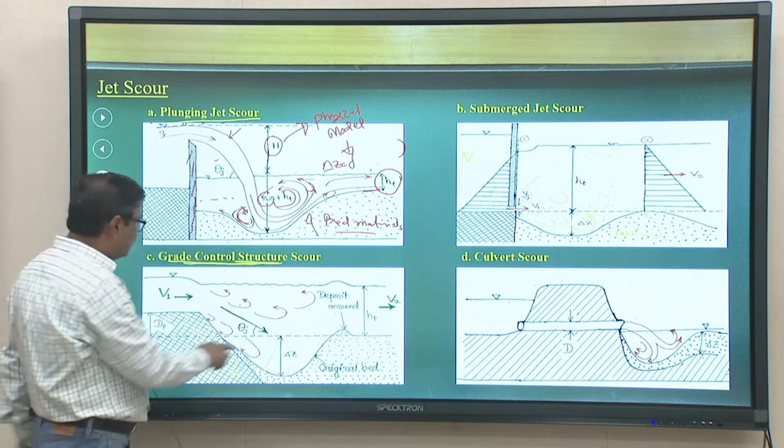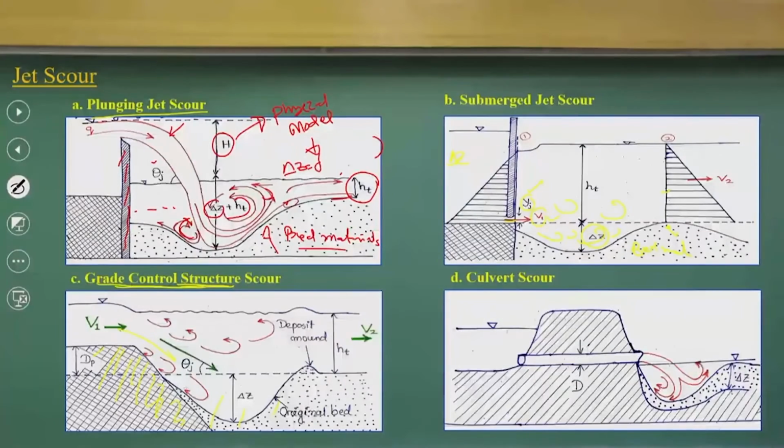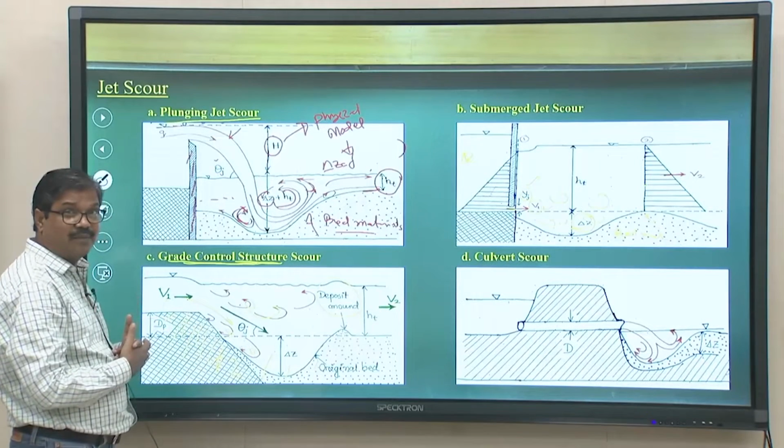You will have scour as the flow generates a vortex, and here you will have a deposit mound. That means whatever scour material is removed also deposits here, and then you have the tail end depth, V2 velocity and V1. Just try to understand conceptually how the process happens and how the scour depths develop.